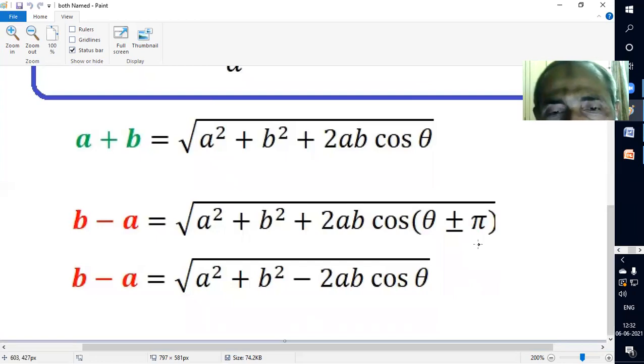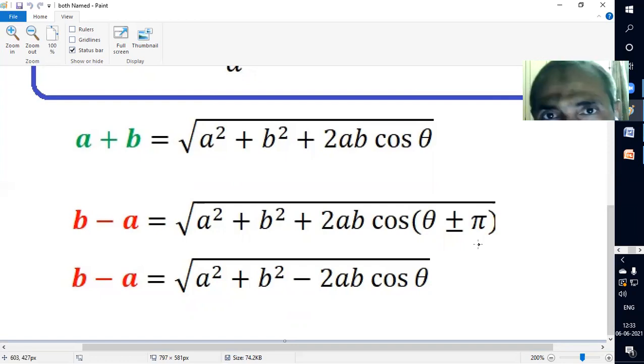So the magnitude of vector b minus a can be written as you are seeing here, in the third equation: square root of a square plus b square minus 2ab cos theta. This negative symbol is arising because the polarity of the vector a is changed from plus to minus.